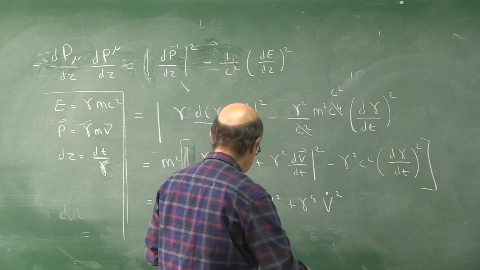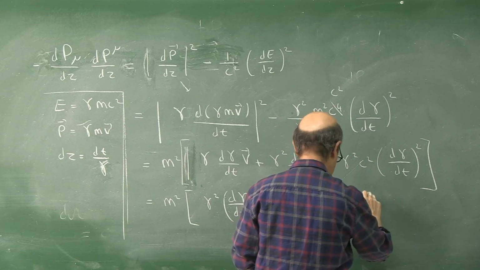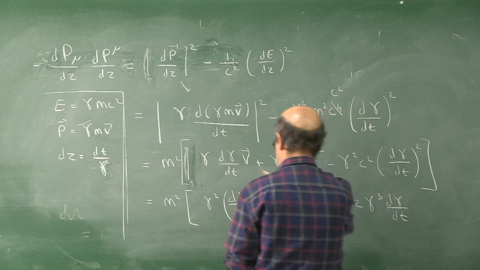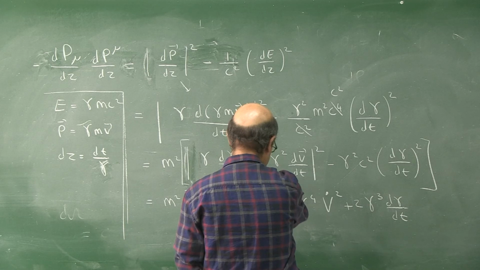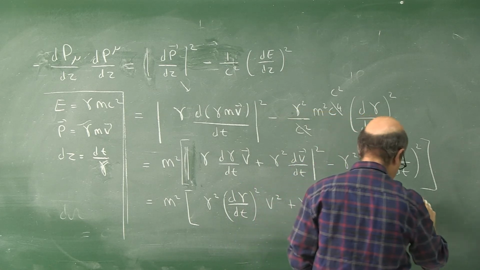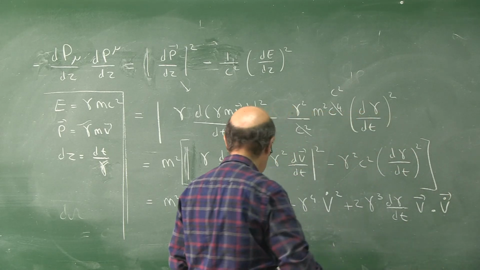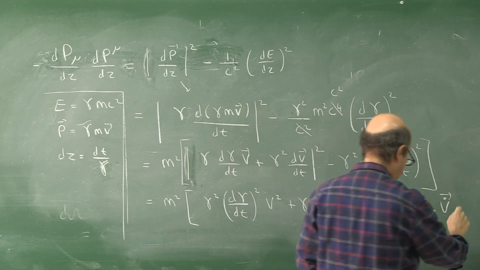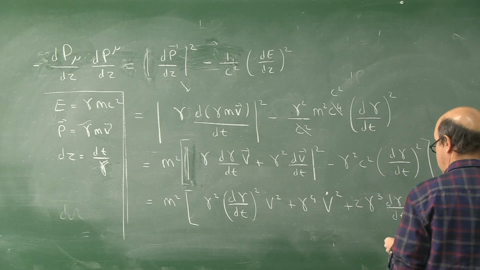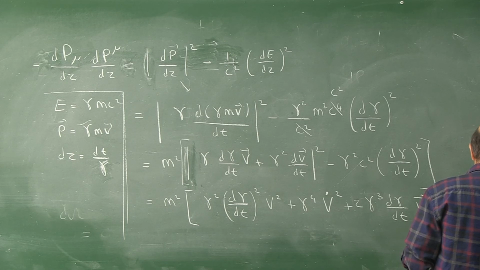This is the second term, and the 2 times the dot product of these 2 will be 2 gamma cubed d gamma over dt, and we have v dot product v dot, this is the third term, minus gamma squared c squared d gamma over dt squared.